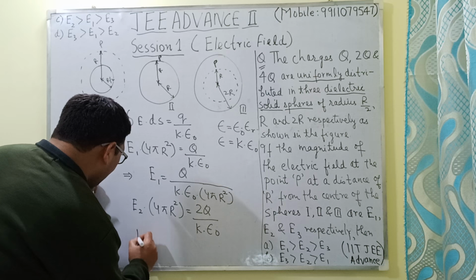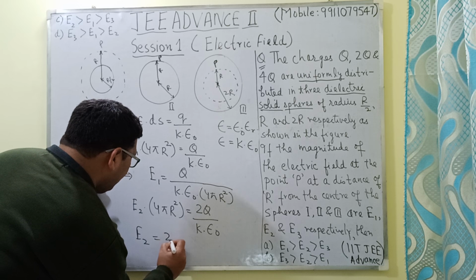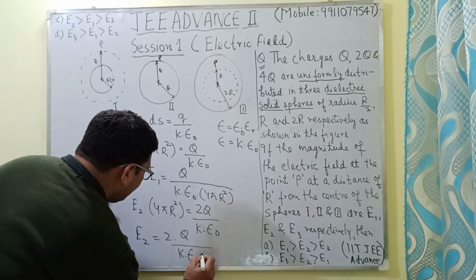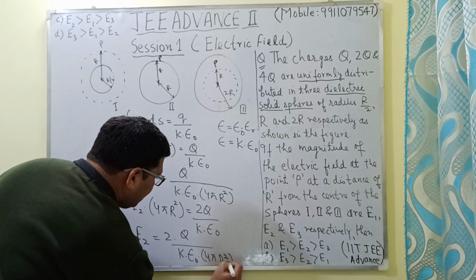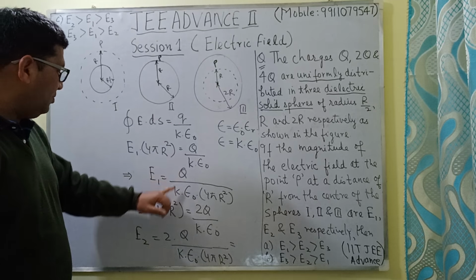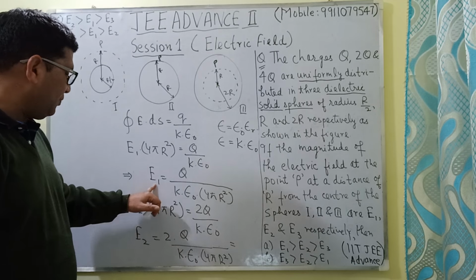So here E2 will be equal to 2 times Q divided by K epsilon naught into 4 pi r square, and Q divided by K epsilon naught 4 pi r square is equal to E1.